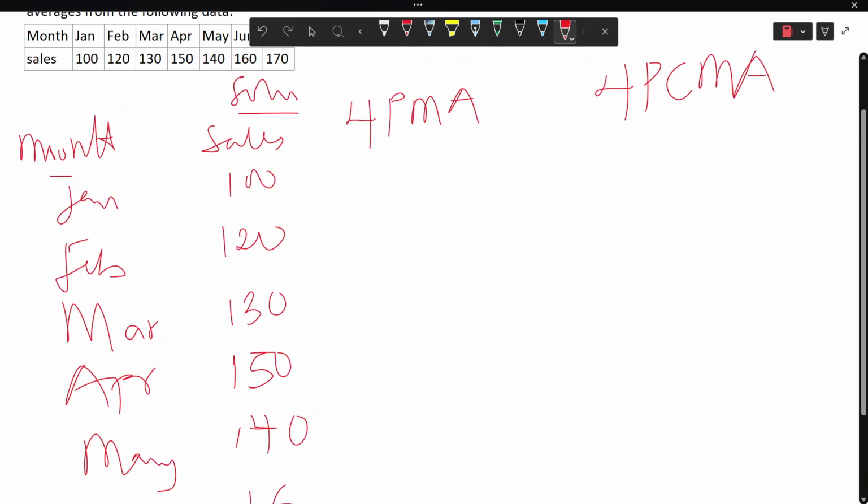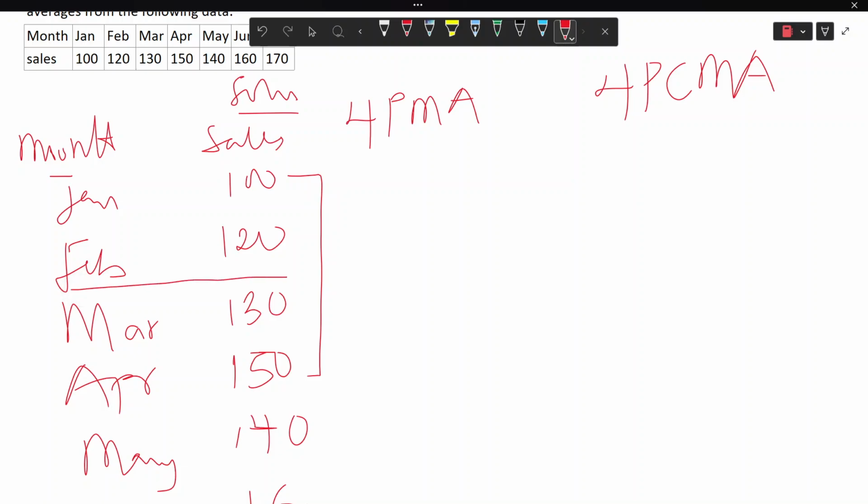So for the first 4, that's from 100 to 150, we find the average: 100 plus 120 plus 130 plus 150, giving us 500. And the average lies in between February and March, not relating to a particular period. So we have 125.